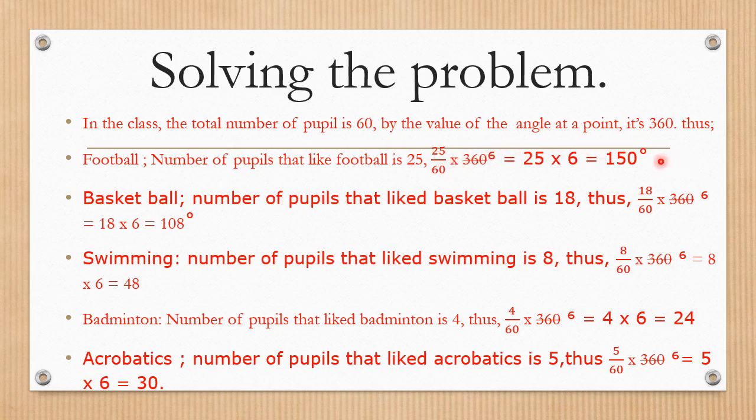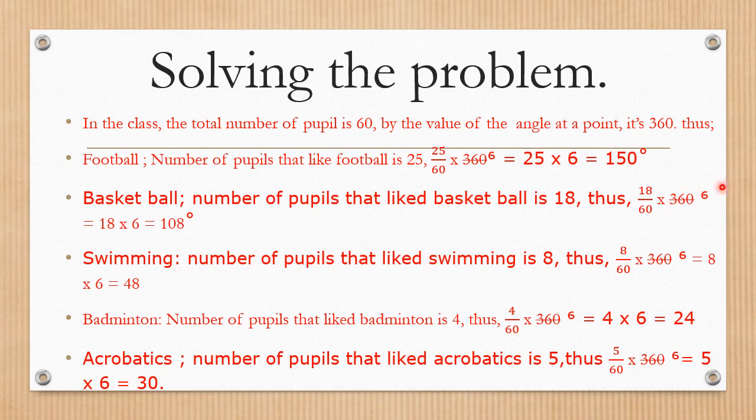Then next is basketball. The number of pupils that liked basketball is 18. So we say 18 pupils divided by 60 pupils in the class, times 360, the sum of angles at a point. We use 60 to divide 360, which gives us the same 6. And 18 times 6 gives us 108 degrees.